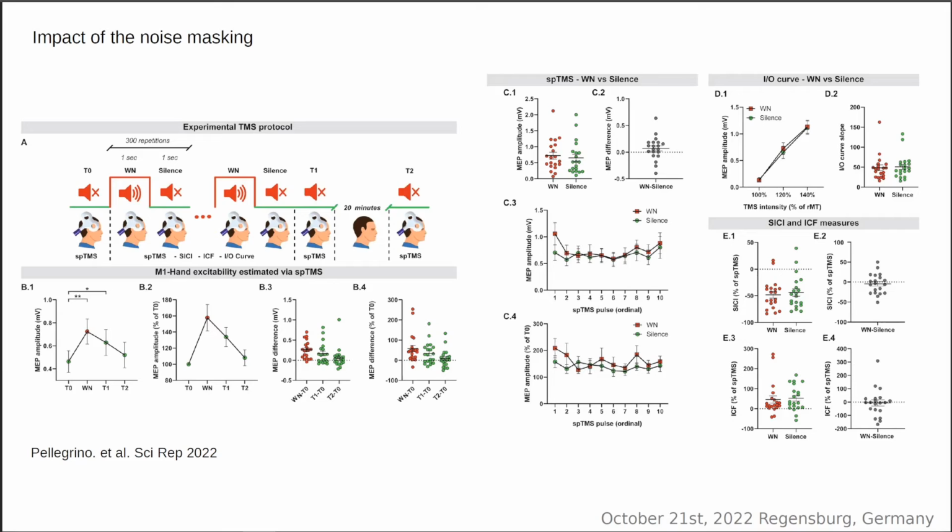And it's true that the white noise in time is always the same, but the feeling of the subject changes. So in a long experiment where you have white noise for a long time, the brain state changes. So if you want to compare the effects of a stimulation over time, there is a bias there.